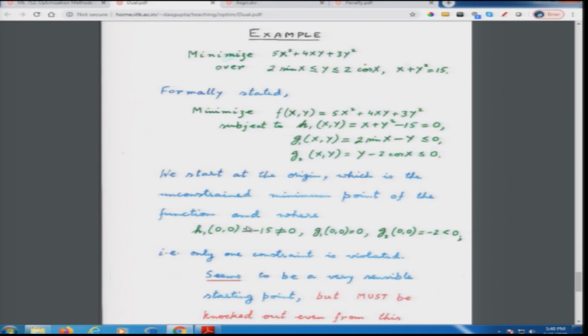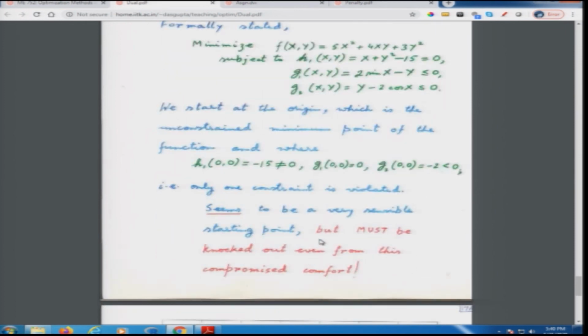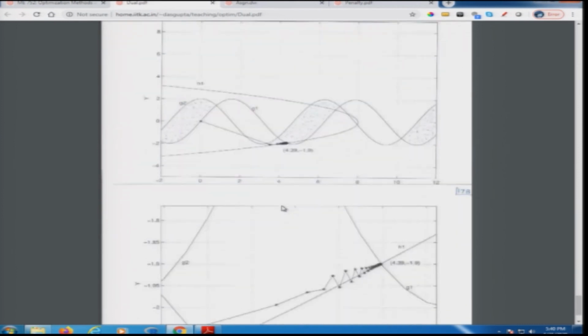So, only one constraint is really violated, but then you look at the domain. It seems to be a sensible starting point, but it will be knocked out in the first iteration itself, because this is a big violation, and see how the domain is. You see, these are the two sinusoids. So far as the two inequality constraints are concerned, the domain is below this and above this.